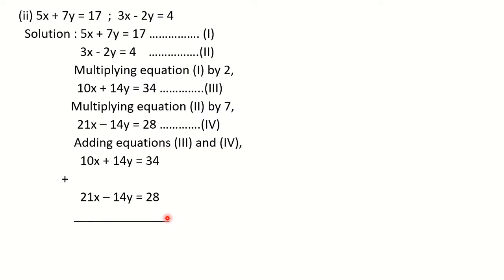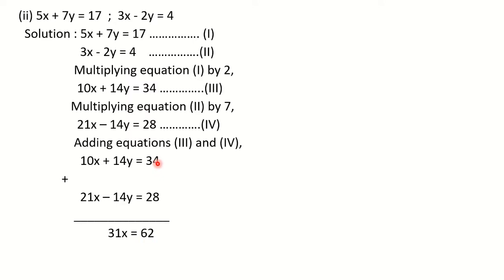Let us add them. So see, plus 14y and minus 14y, they will get cancelled. And here 10 plus 21. So 10x plus 21x, you will get 31x here. And here 34 plus 28, you will get 62.